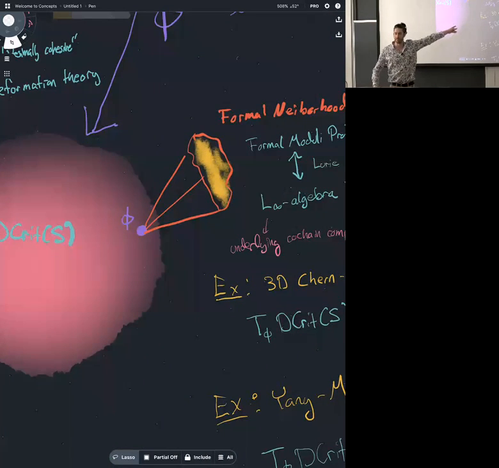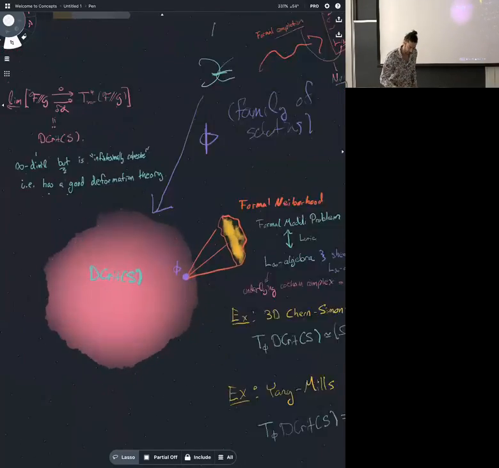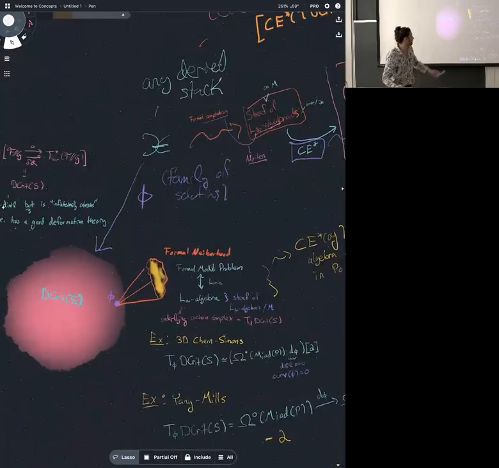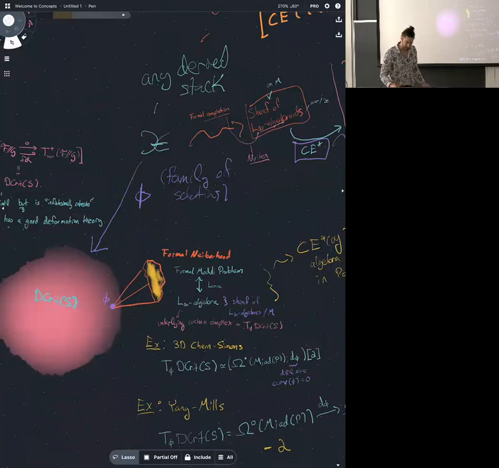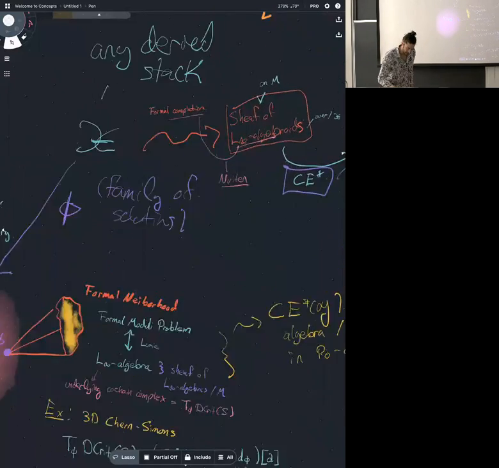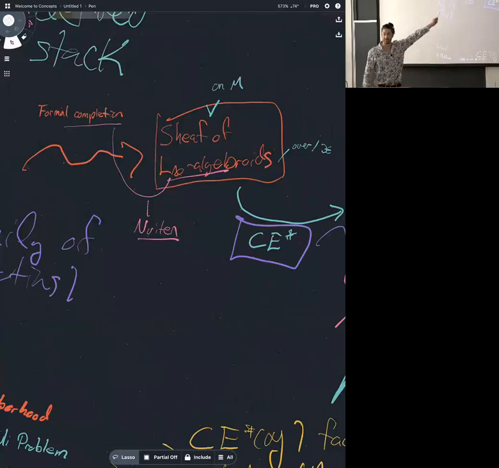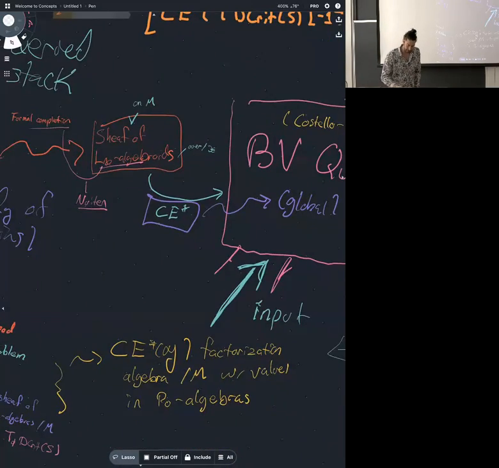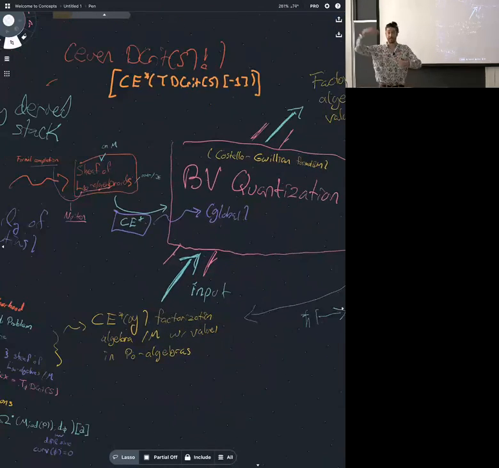So why do I have this global object? Well, I can use this for families of solutions. For any derived stack mapping in, instead of getting a sheaf of L-infinity algebras, I get a sheaf of L-infinity algebroids. And you can still take Chevalley-Eilenberg cochains, and you can ask the same question.